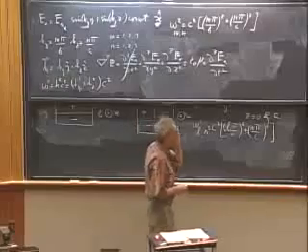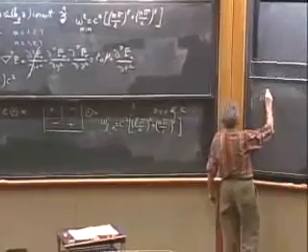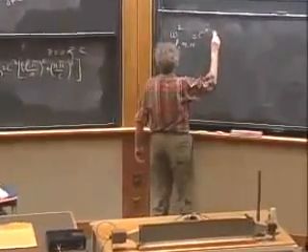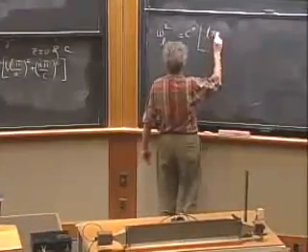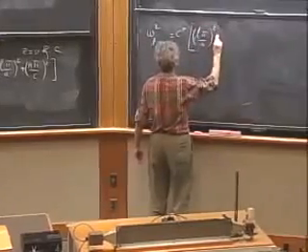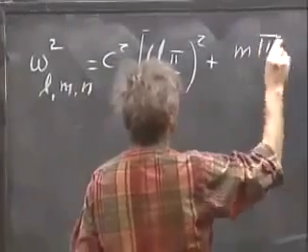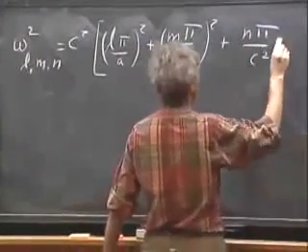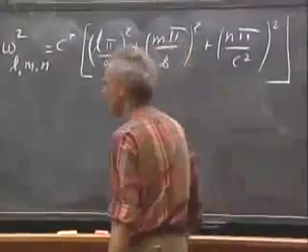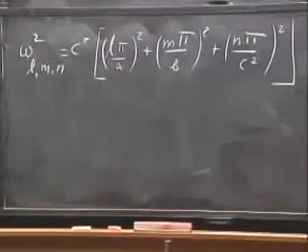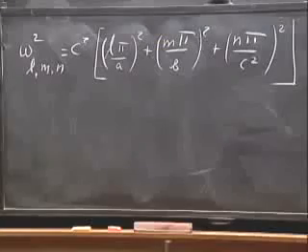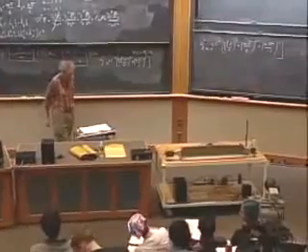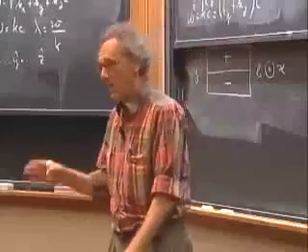But now I say, aha, if now I make omega squared L m n equal to c squared times L pi over a squared plus Miri pi over b squared plus Nancy pi over c squared, then I can have an E vector which is in some random direction, well maybe not too random because I have to meet this condition, and now I have a whole family of infinite number of resonance frequencies which are not only E vectors in x, y, or in z direction.